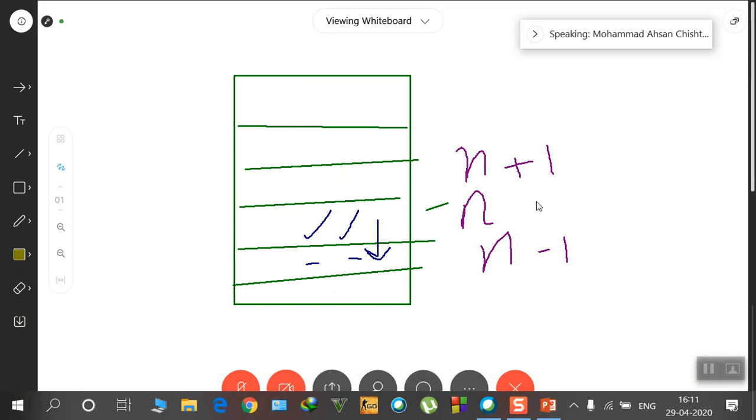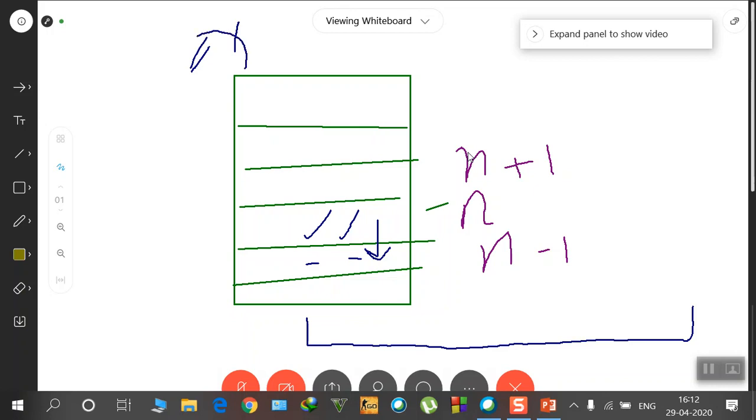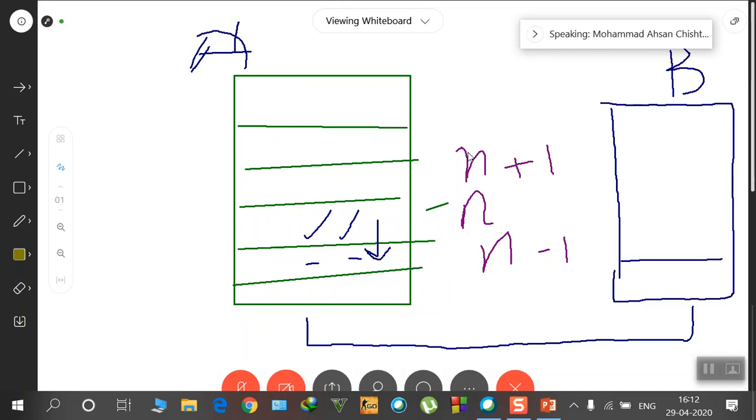Repeat. I have protocols in layer N, and I have to send this packet from A to B. Layer N in A would pass this protocol data unit, or PDU, to N minus 1, the layer below it. And N minus 1 would pass to N minus 2 until it reaches the link. So this is my link. If this is A as host and B as destination, B would also have a protocol stack.